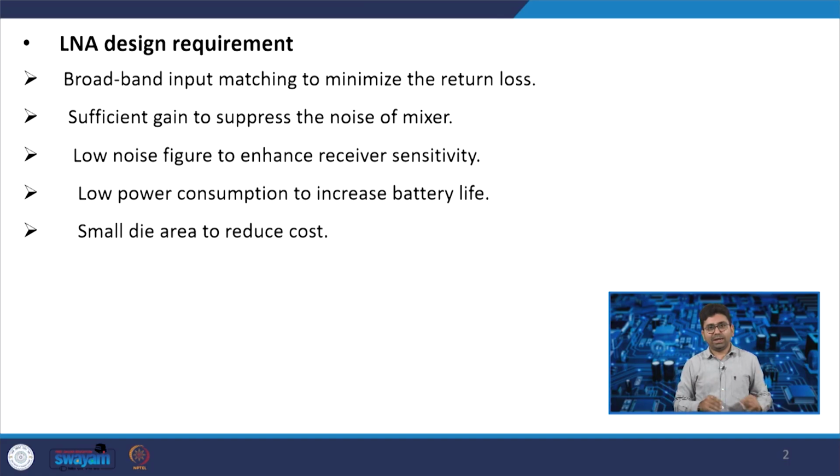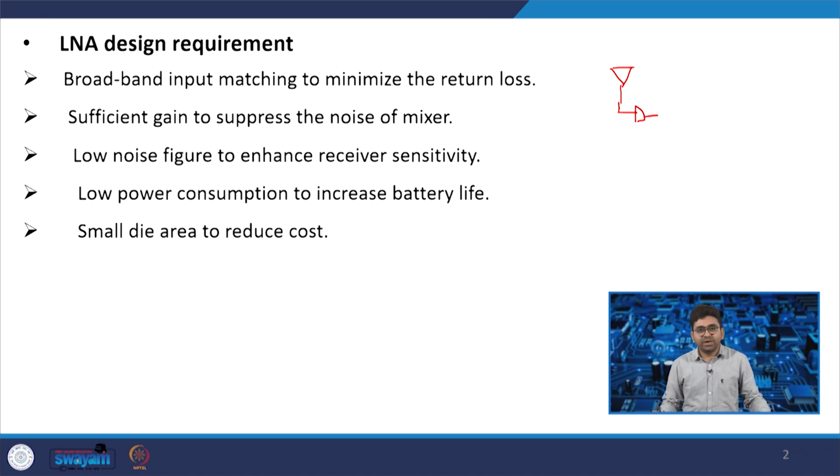So, LNA design requirements, broadly, as I discussed in the last class: it should have broadband input matching if we target the higher band, and if we have a narrow band, input matching is also important, because the low noise amplifier is the first component in the receiver chain. That is why it is important to have impedance matching.